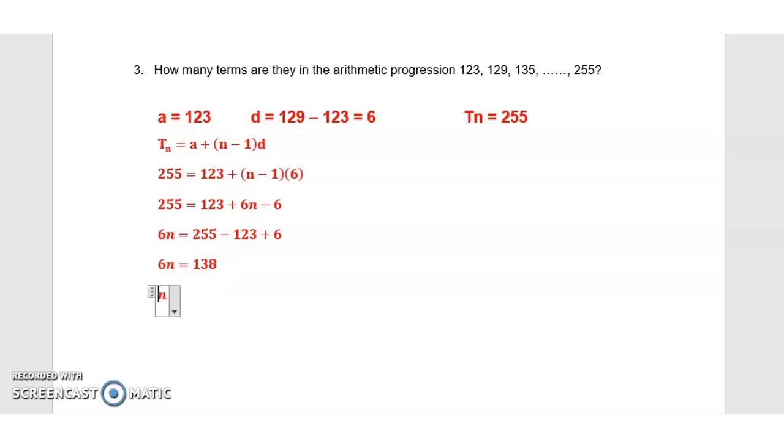So n equal to 138 divided by 6, so equal to 23. So 255 is actually T23. So altogether in this sequence we have 23 numbers.